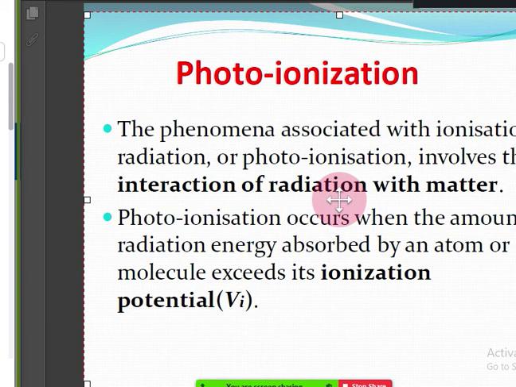So the process can be reversible. If photons or light fall on the atoms, they will get excited. The electrons will jump from the lowermost orbit to the outermost orbits, and from the outermost orbit they may come out. That is one process. If an electron jumps from a higher orbit to a lower orbit, it will emit radiation. So this process is reversible.